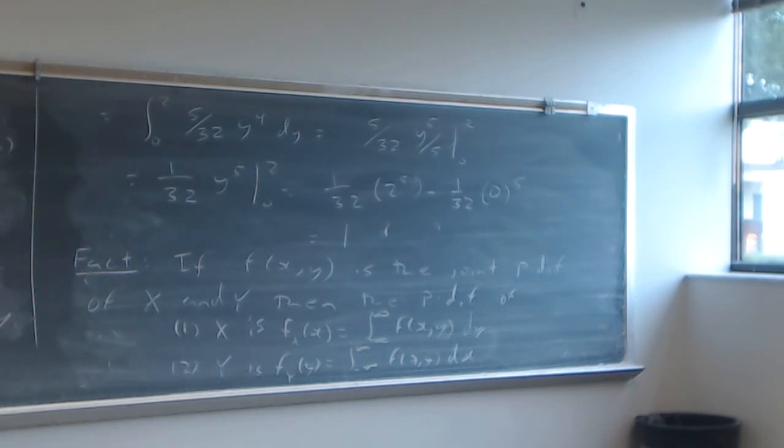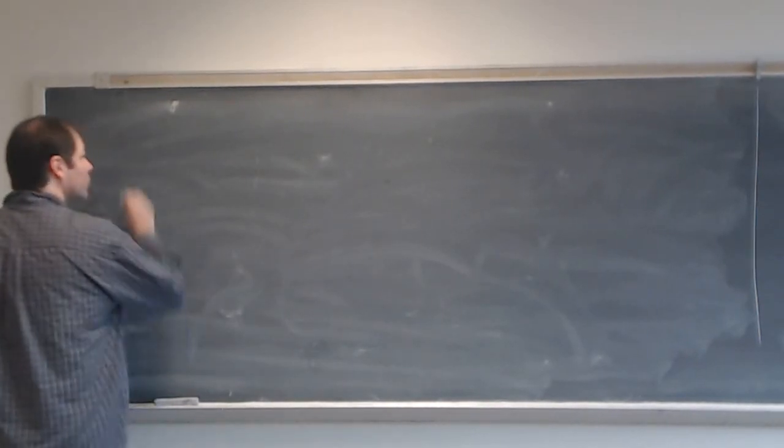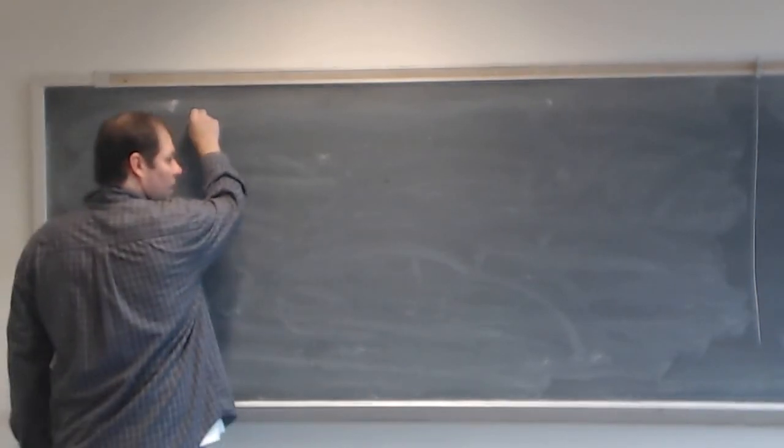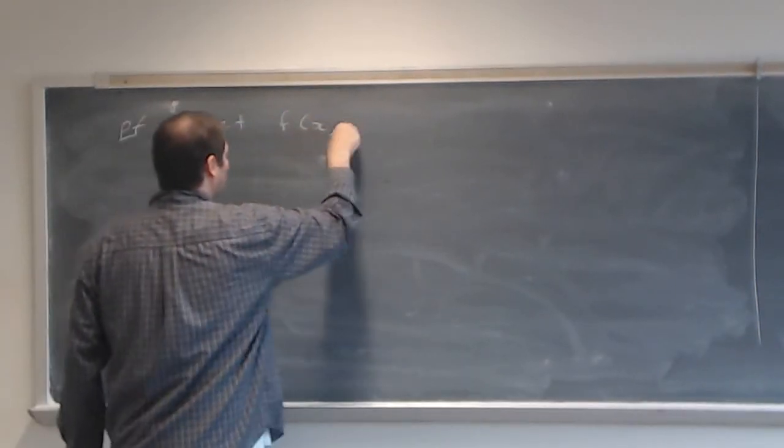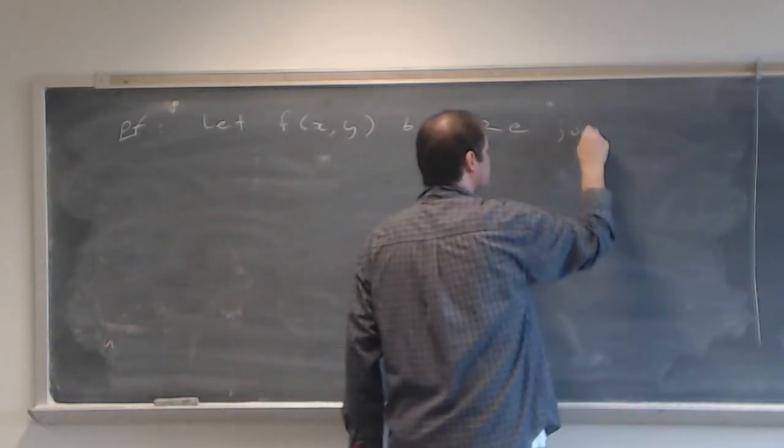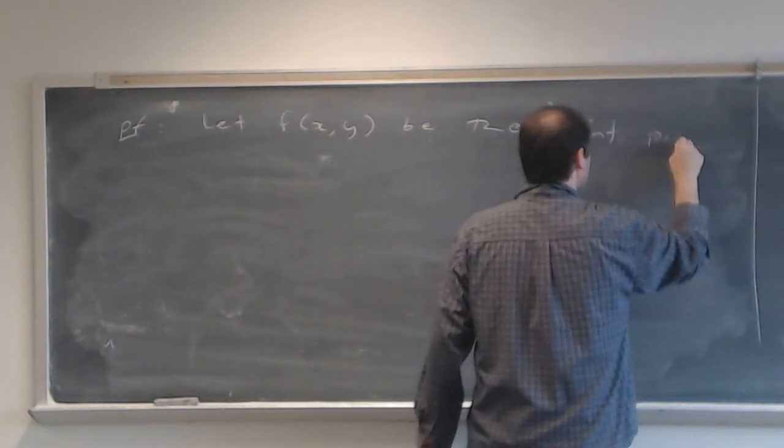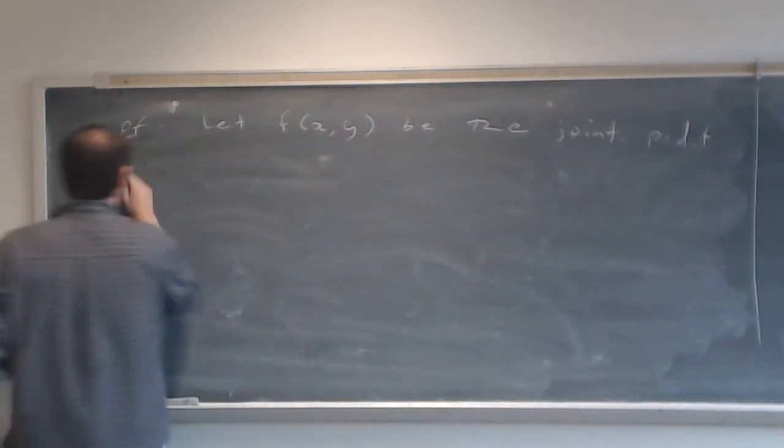Let's prove again part 1. So, as before, we let f of x comma y be the joint PDF of x and y.